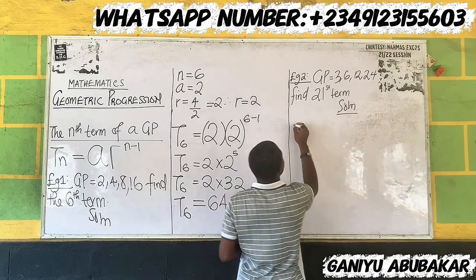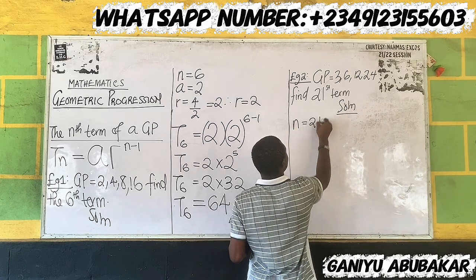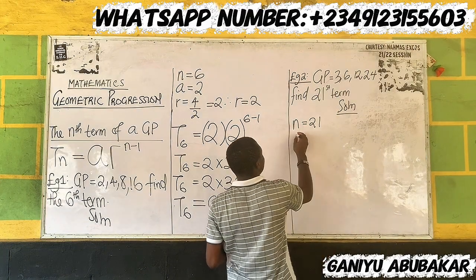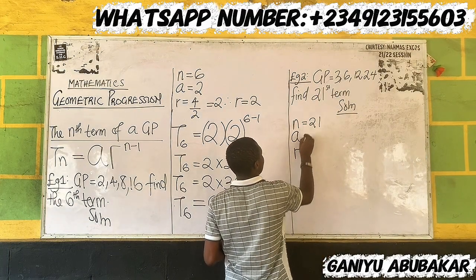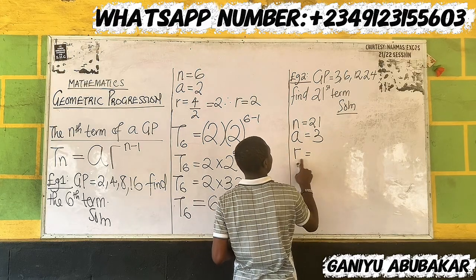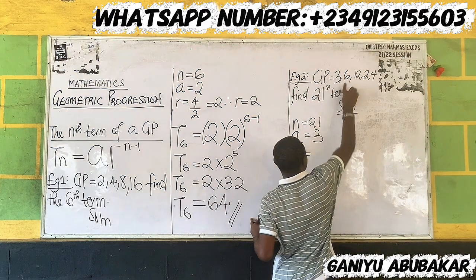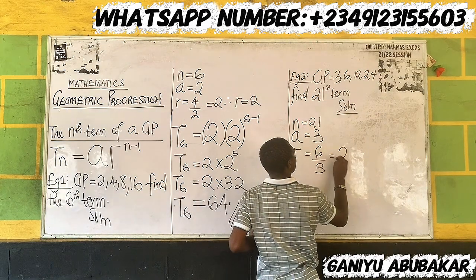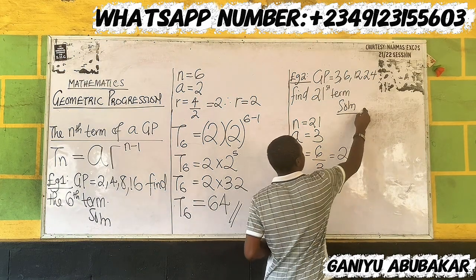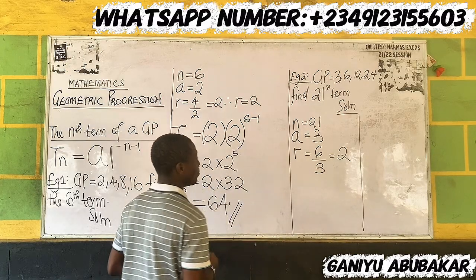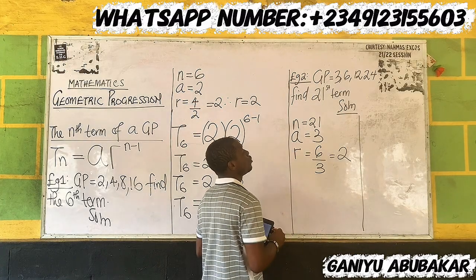So the first term here, n is what? 21. Because I will need to know the values of A and R. So A is what? First term, that's 3. What's R? Common ratio, and that's simply second term, 6, over first term, 3. This gives you 2. So with this, I can get the value of the 21st term of this GP.